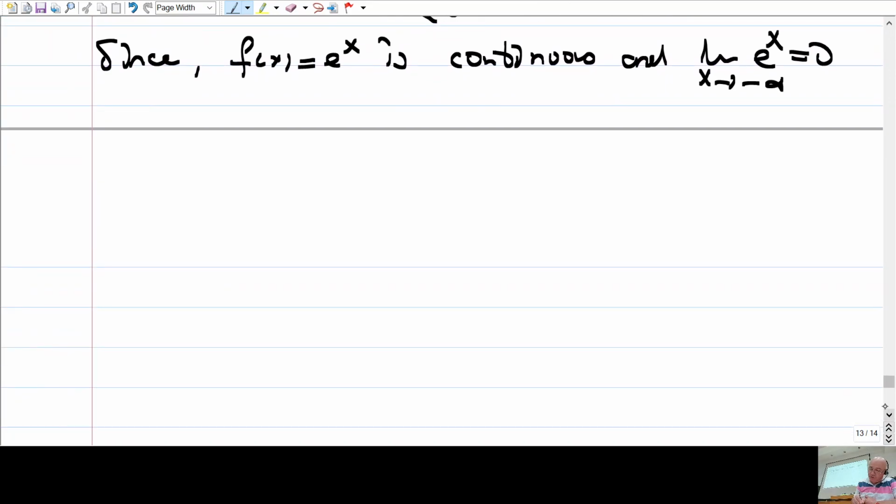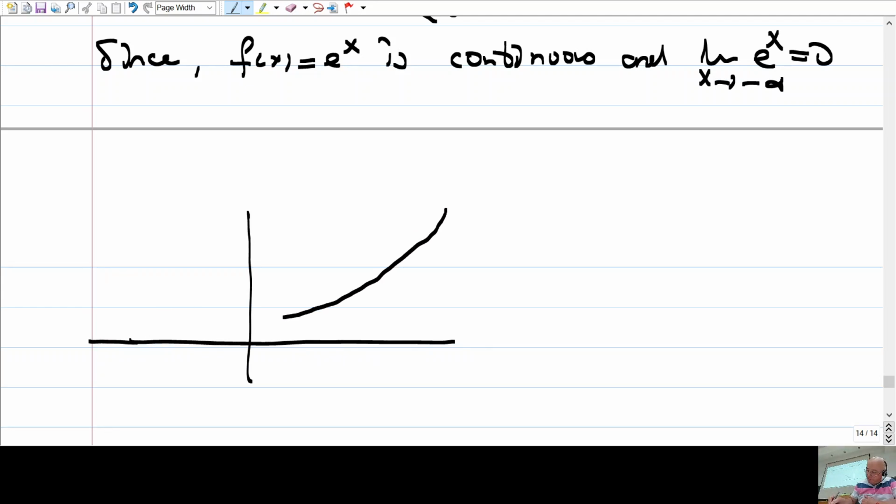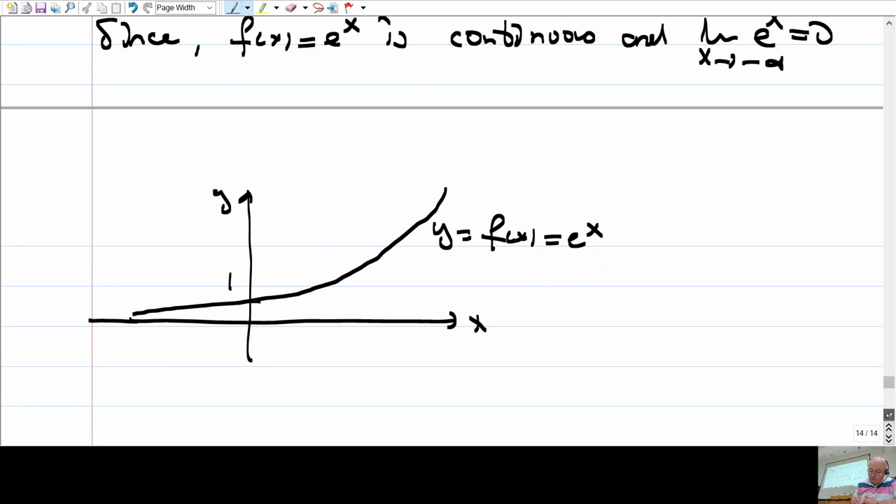Why is that? You remember from, again, first semester calculus course, e to the power x has such a graph, right? So something like this. This is 1, x-axis, y-axis, and this is y equals f of x, which is e to the power x. So as x goes to minus infinity, e to the power x goes to 0.